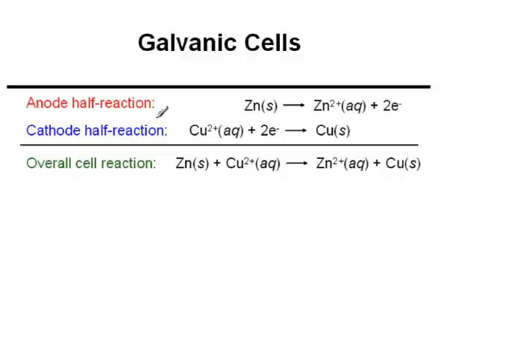Now, in a galvanic cell, it happens in two compartments. It has two parts to it. It has an anode and it has a cathode. And then you get an overall reaction. First thing you have to understand is an easy way to remember it: for cathode, think of the word car, think of the two words car audio.